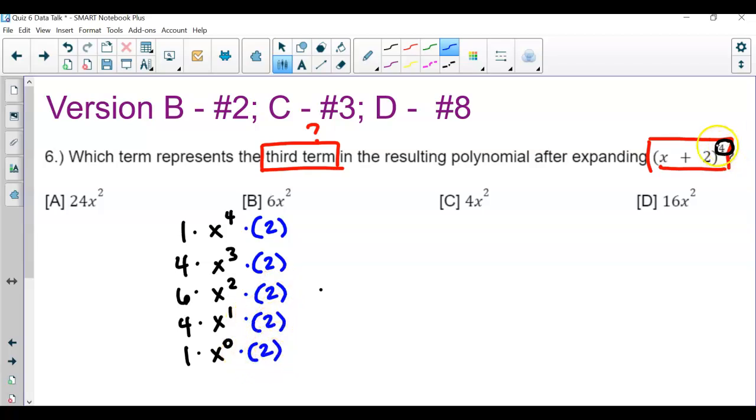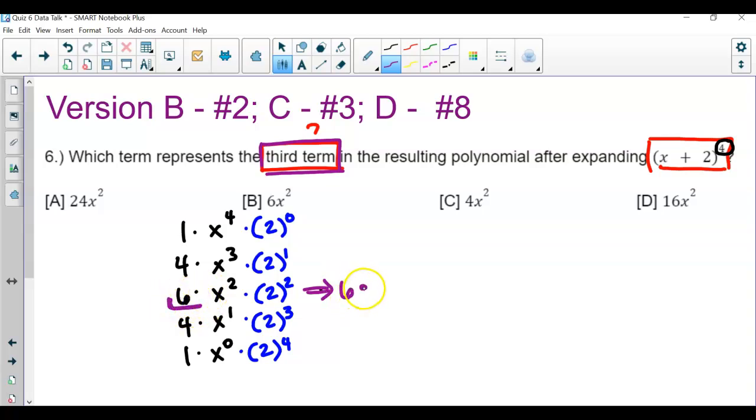Then again, with that exponent of 4, but now bottom to the top. Here I'm going to focus on test-taking strategies, because all I need is the third term for this answer, which is right here. All I need is the third, which has a coefficient of 6.